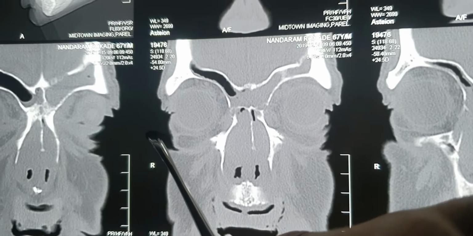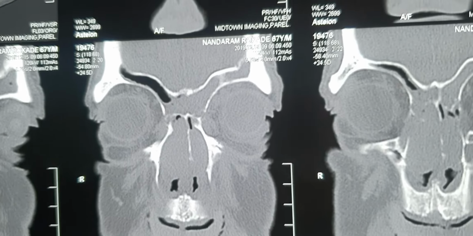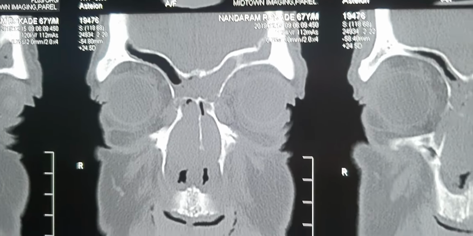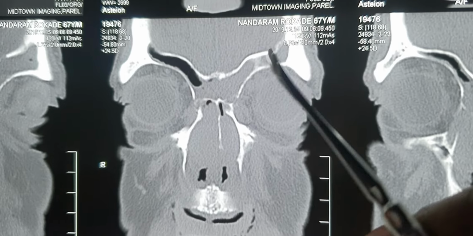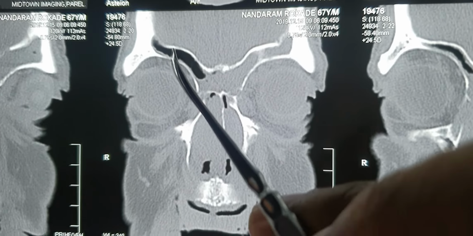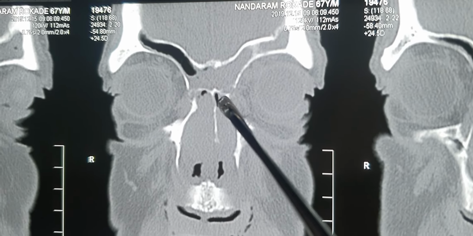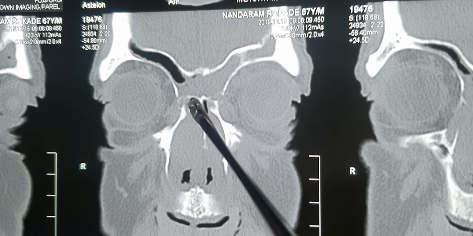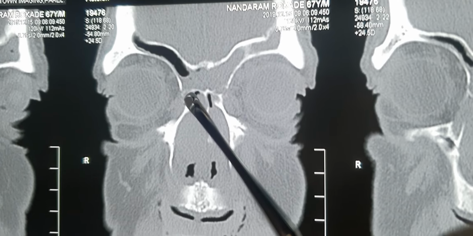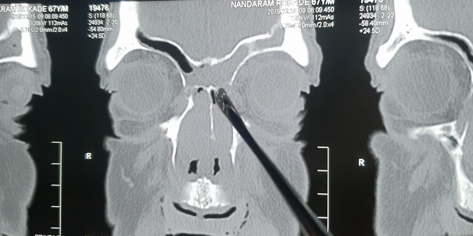Now, as we move posteriorly, you can see the area of the opacification. This is the posterior most aspect of the frontal sinus. Now, still on the left side, I can see the frontal beak to be completely intact, and on the right side you can see a thin bony margin, suggesting that still the beak is intact.